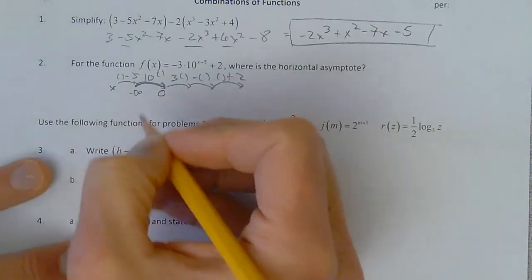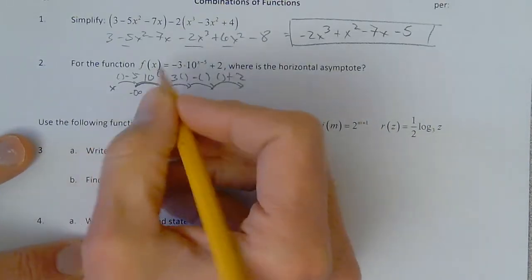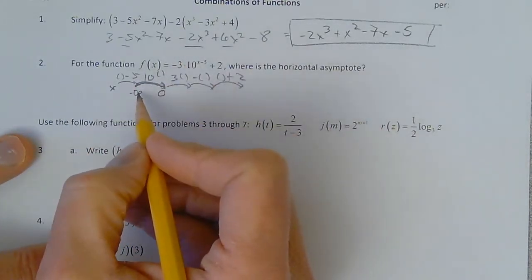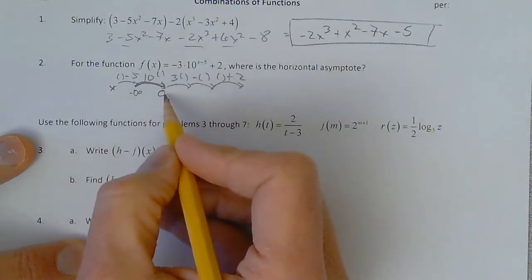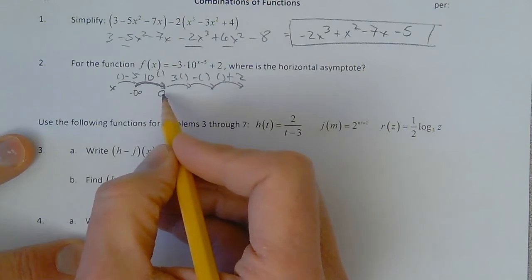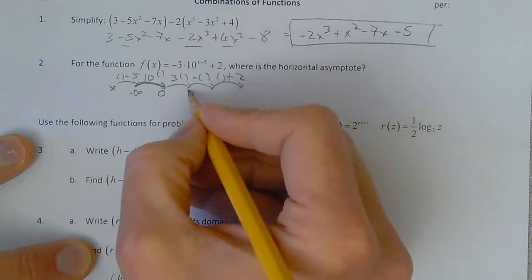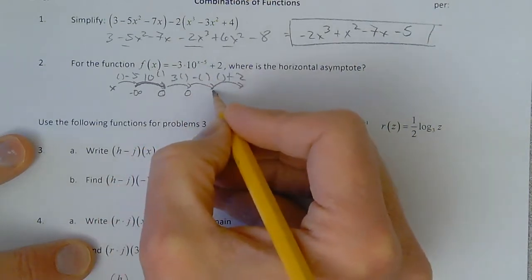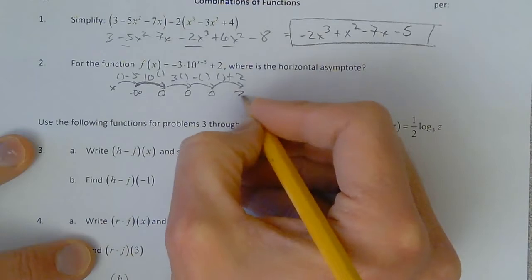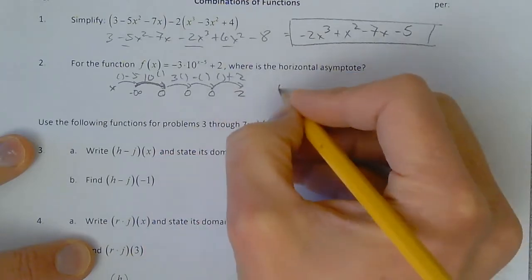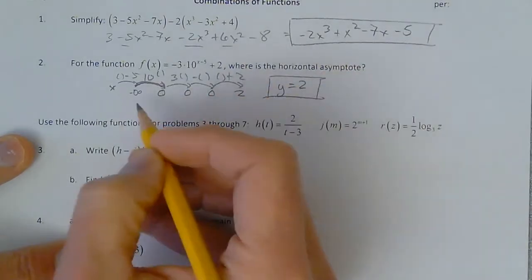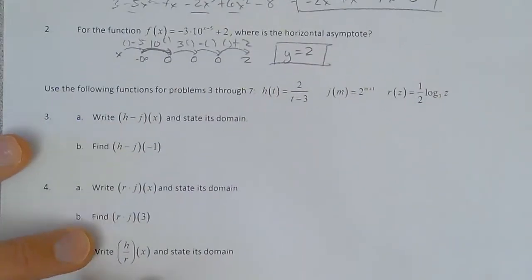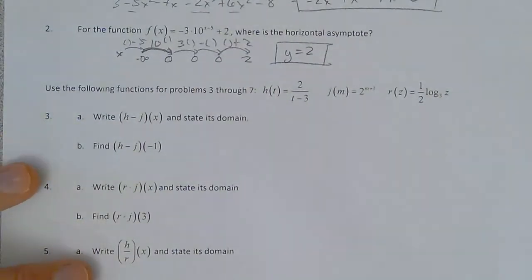That's where the horizontal asymptote is. So our horizontal asymptote has an equation of y equals something. That's an output, so we'll see where this arrow goes. 3 times 0 is 0. The opposite of 0 is 0. 0 plus 2 is 2. So the horizontal asymptote is at y equals 2. We don't need to know the other stuff that's going on with the graph if the only question is about where the horizontal asymptote is.